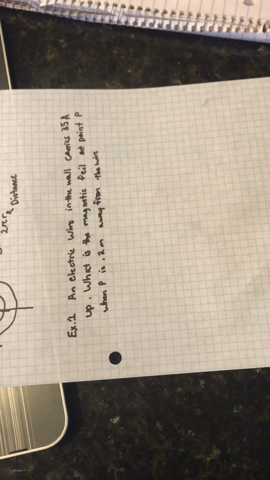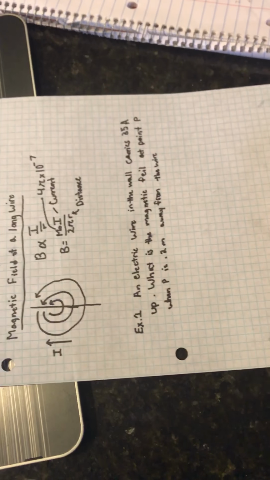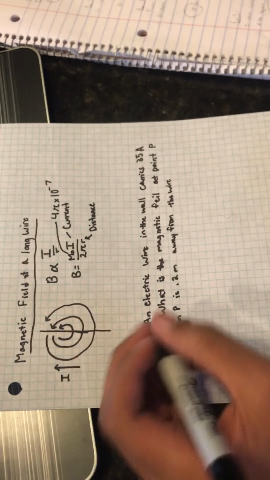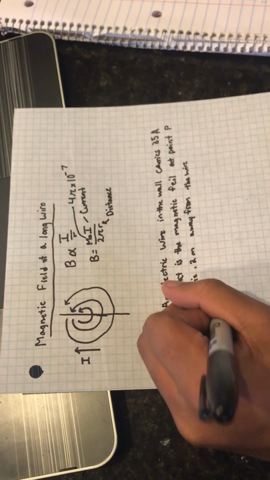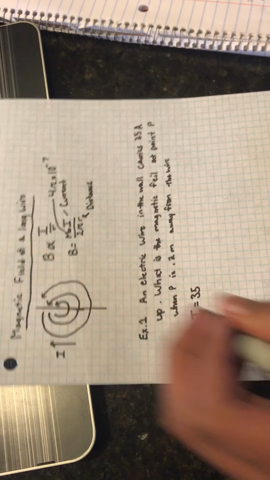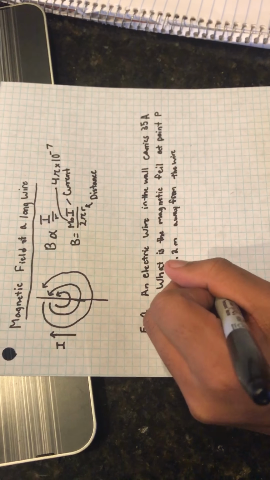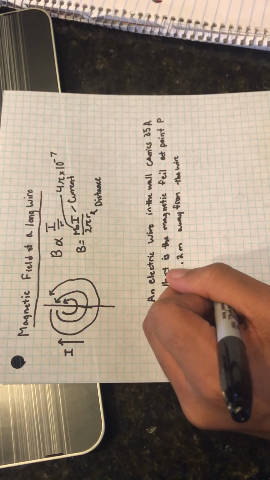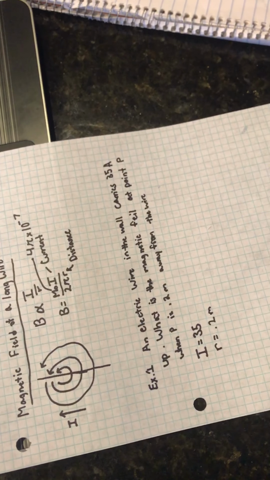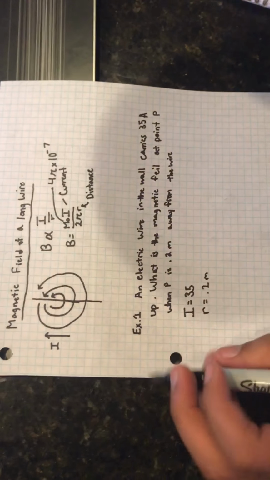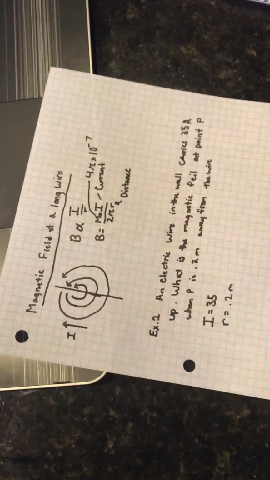Okay, so to break this down, you're given I equals 35 and R equals 0.2 meters. Since you already have the constant, all you have to do is direct substitution.